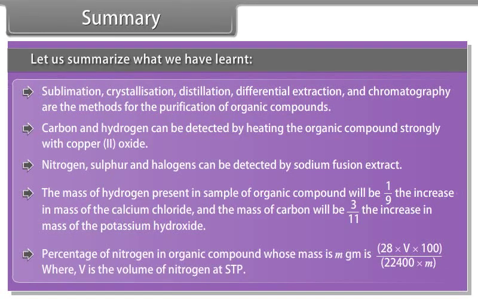Percentage of nitrogen in an organic compound whose mass is m gm is 28 × V × 100 / (22,400 × m), where V is the volume of nitrogen at STP.